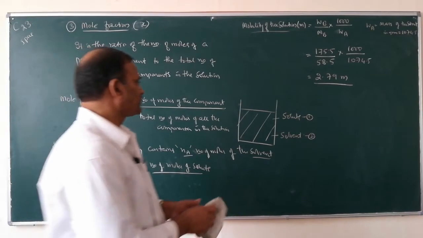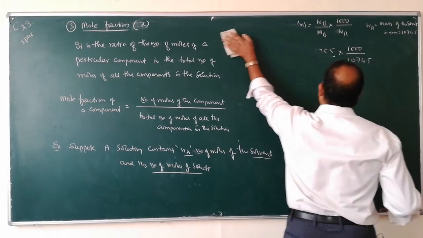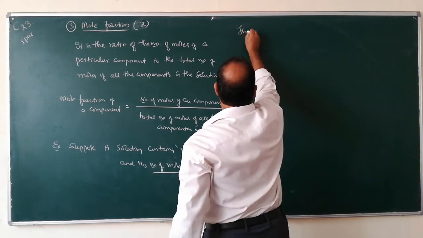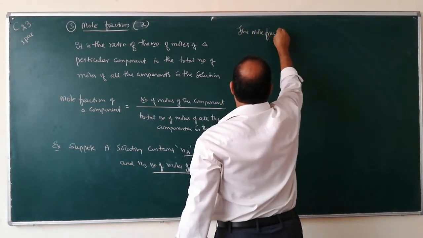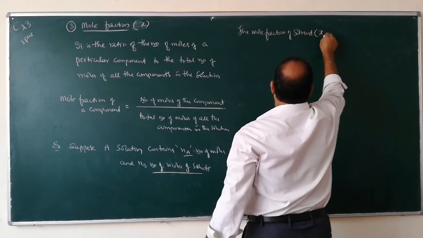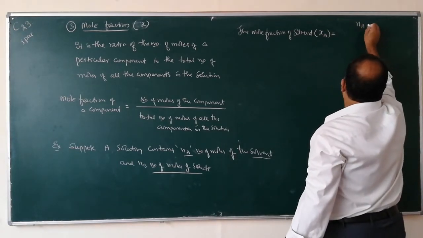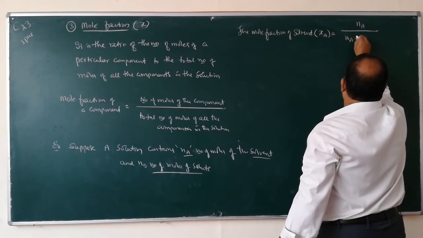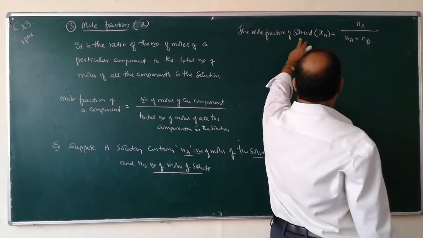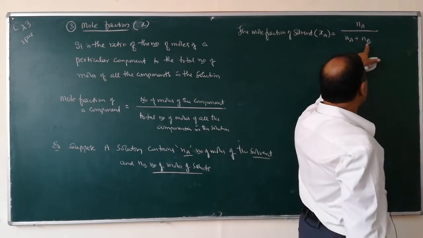Then the mole fraction of solvent, XA, equals Na divided by Na plus Nb.